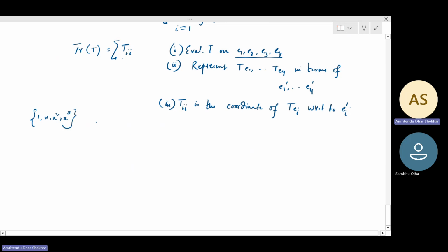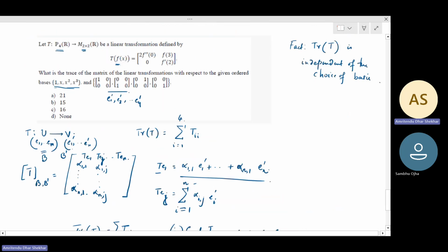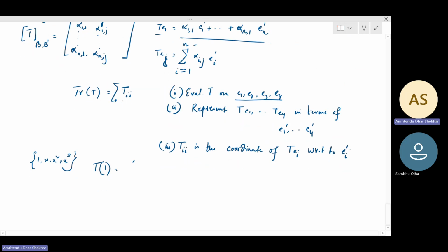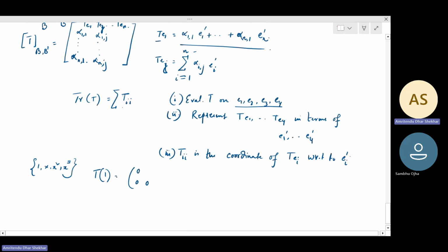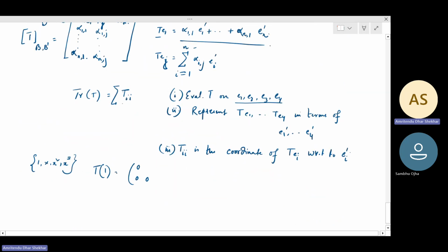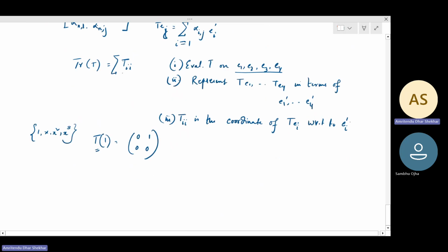The first is you apply T on this 1. So T on this 1 is basically equal to 0, 0, 0, and then f of 3. f of 3 is just equal to 1 because this is the constant polynomial. So for T1, if I ask you what is T11, T11 is equal to 0. Why?